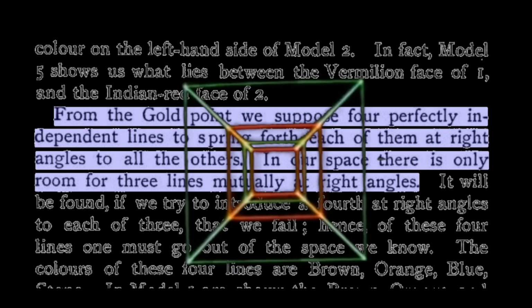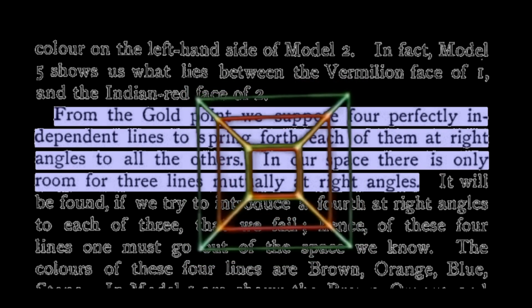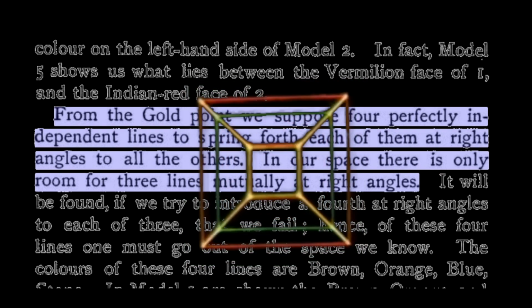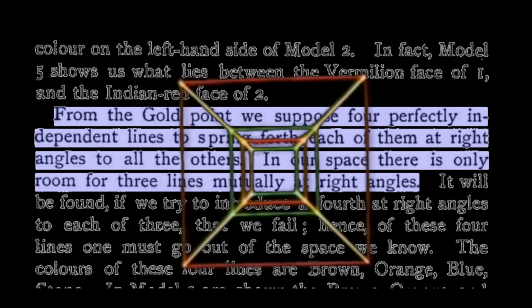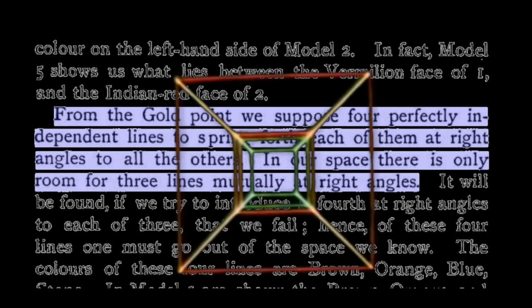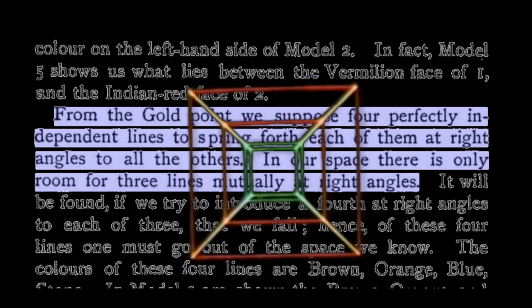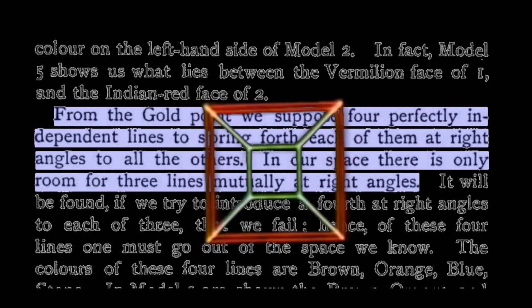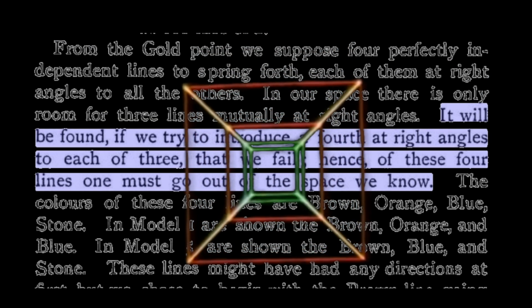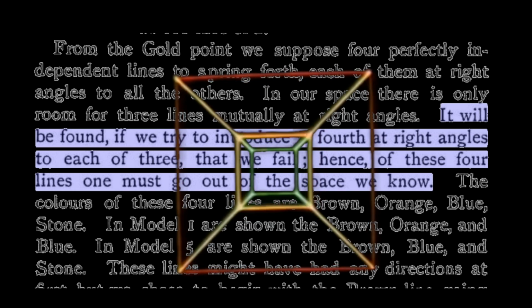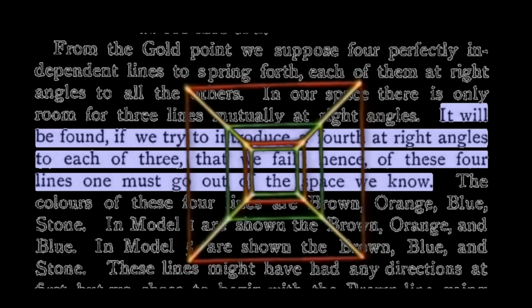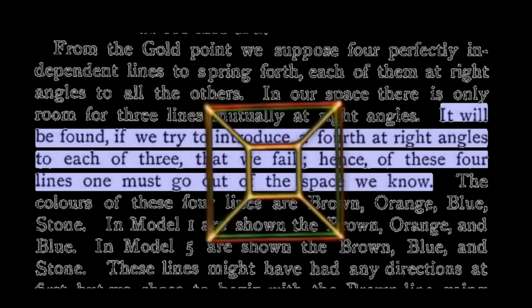From the gold point we suppose 4 perfectly independent lines to spring forth, each of them at right angles to all the others. In our space there is only room for 3 lines mutually at right angles. It will be found, if we try to introduce a fourth at right angles to each of 3, that we fail.